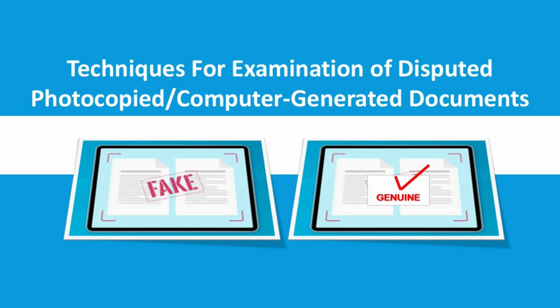So the first one is a visual inspection. When inspecting documents, it is essential to identify any sign that may indicate forgery. So the things to take note of are the following.